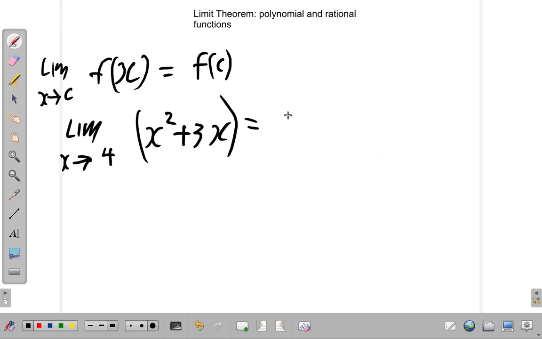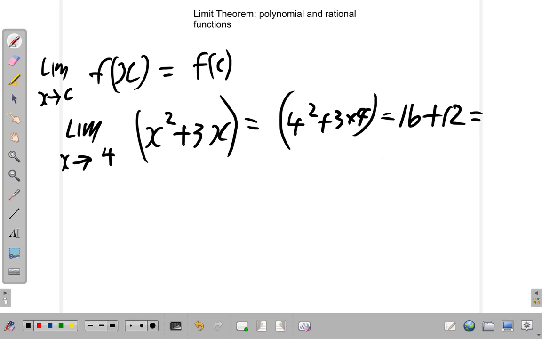F of 4 is 4 squared plus 3 by 4. So you substitute 4 for x. So it's 4 by 4, 16, plus 3 by 4, which is 12. So what you have is 28. Alright? So the limit of f of x as x tends to c is just f of c. You substitute c for x as you approach f of c.